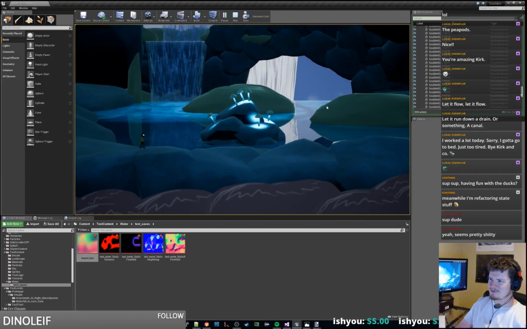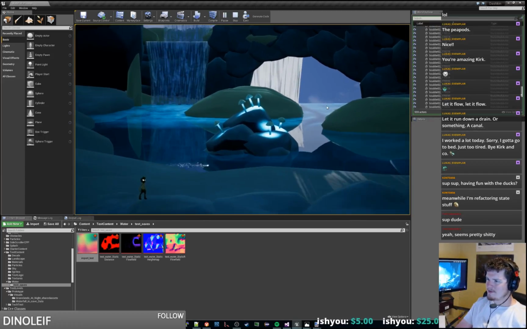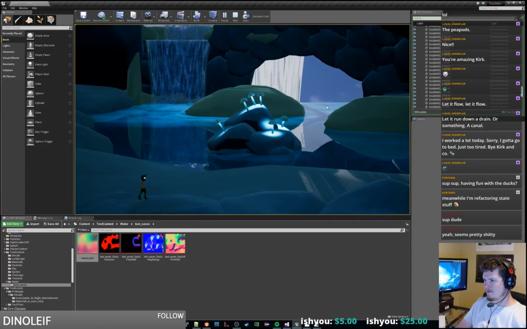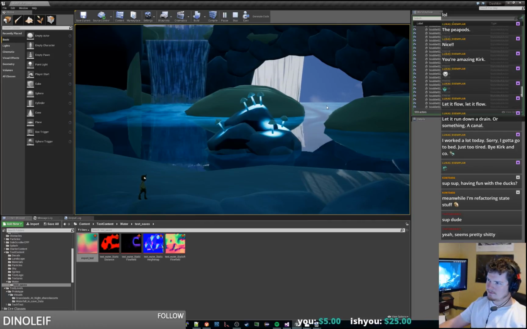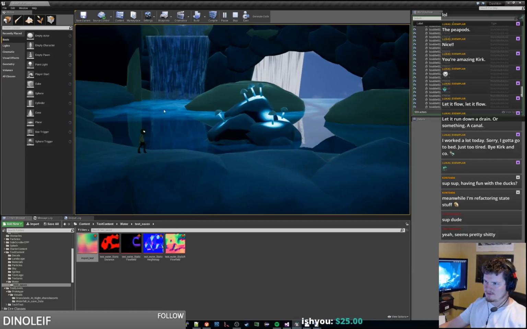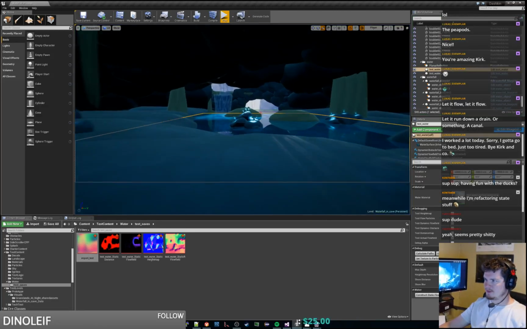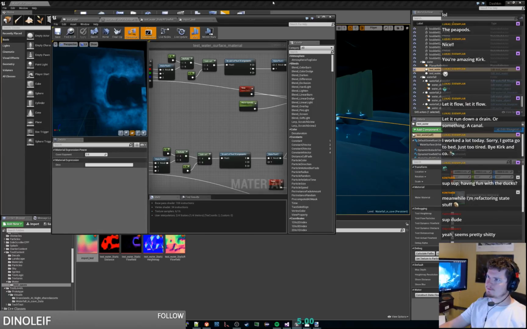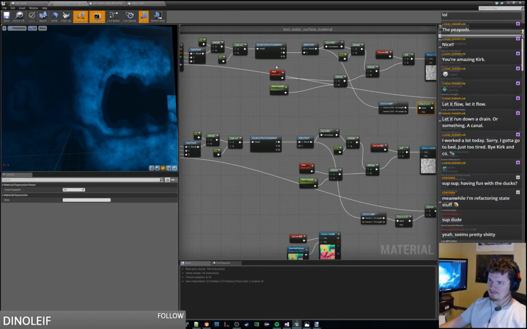Yeah, seems pretty shitty. It's the basis. Imagine if this was not just some crap noise, but an actual other texture that somebody could draw, which would be modulated by the noise instead of just a color or something else.